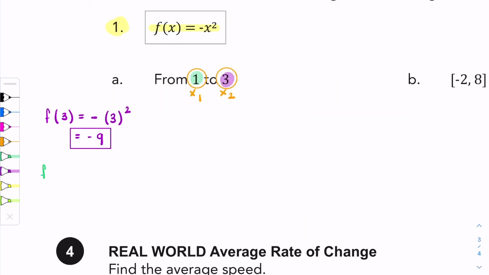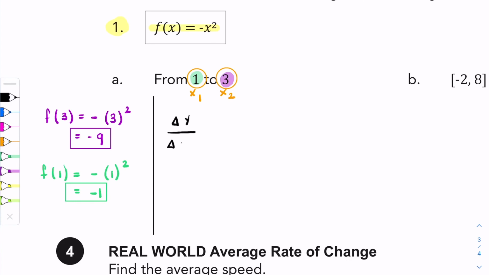Next, I'm going to find f of 1. That's equal to negative 1 in parentheses squared, which is equal to negative 1. Therefore, the function evaluated at 1 is negative 1. Now I'm going to use my equation, the change in y divided by the change in x, which is specifically f of x sub 2, we just calculated that as negative 9, minus f of x sub 1, which we calculated as negative 1, divided by x sub 2 minus x sub 1.